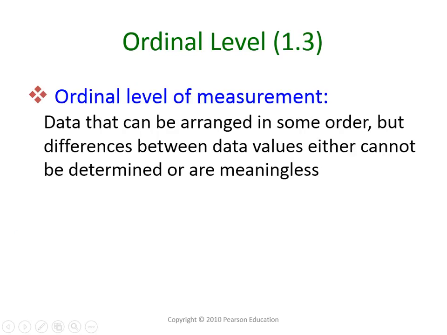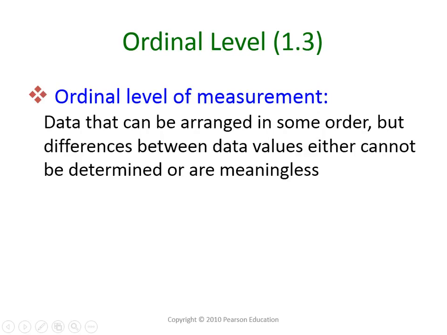The ordinal level of measurement, data that can be arranged in some order, but the differences between the data values either cannot be determined or they're meaningless. An example might be if you were talking about going to the county fair and getting a ribbon. Having a blue ribbon is better than having a red ribbon is better than having a white ribbon.